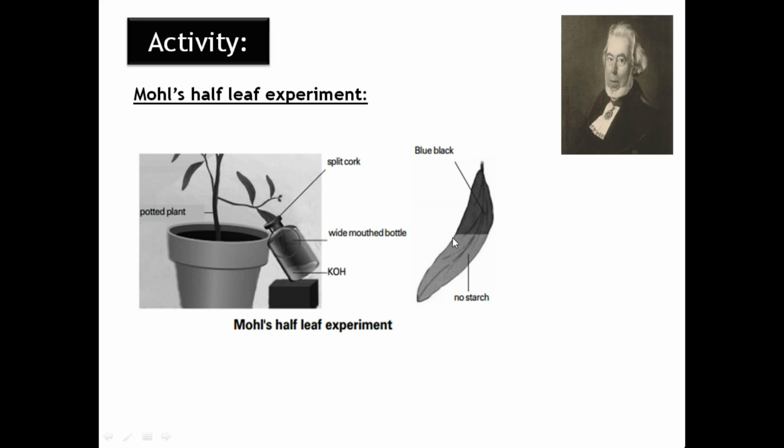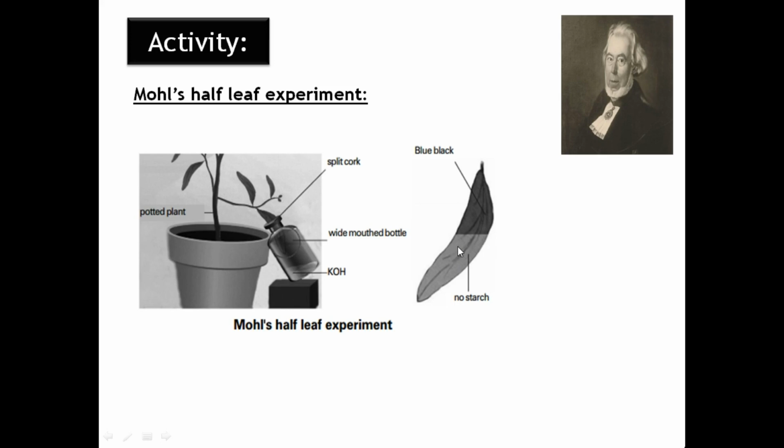The leaf which is completely exposed to atmospheric air changes into bluish black, and the part of the experimented leaf which is outside of the bottle also turned bluish black, but the part of the leaf which is kept in the bottle remains colorless. This is due to the absence of carbon dioxide in the bottle, as KOH absorbs it.